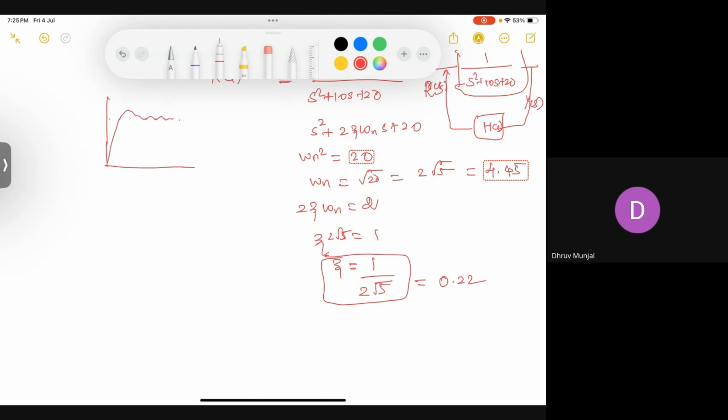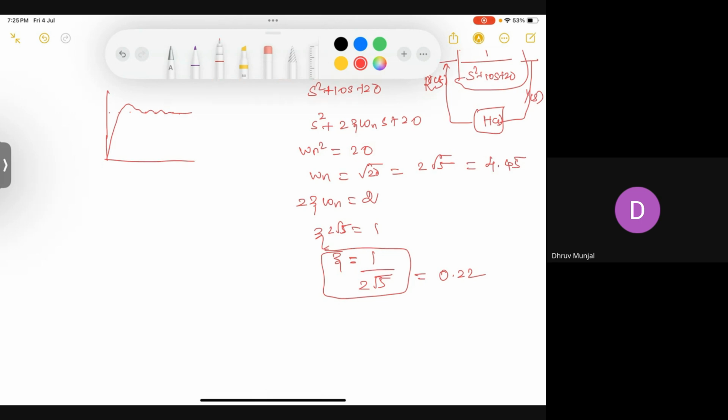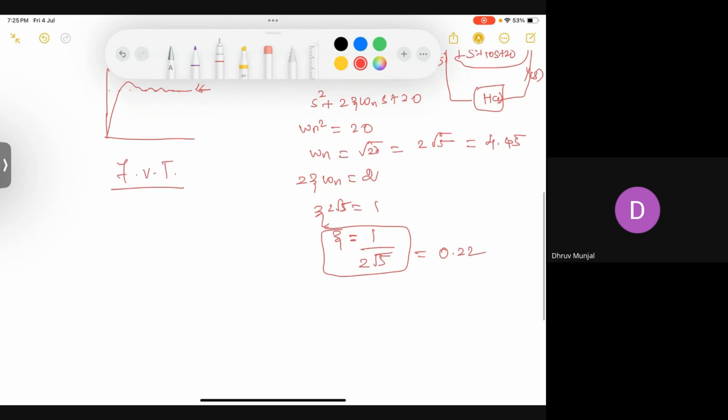Not sure how the peak would be, but something similar to this. So when we simulate the system, then only we will get to know. So what could be the steady state or final value? For this, we can use the final value theorem to identify the final value of the system.